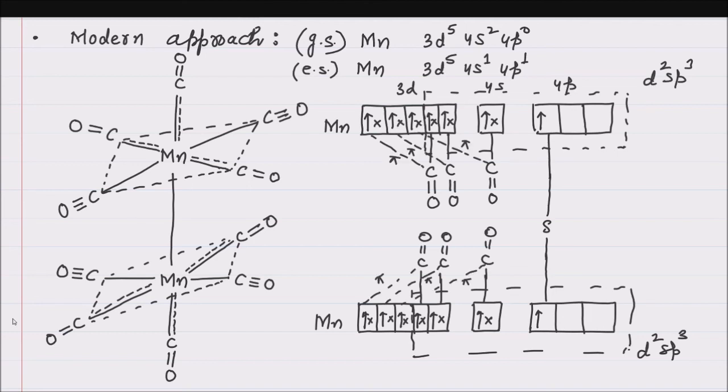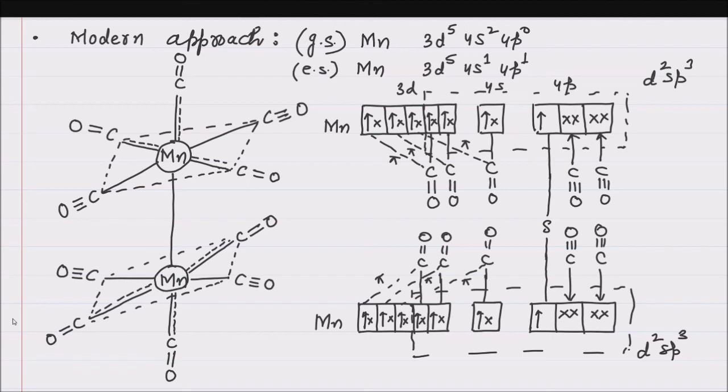Okay, and the remaining vacant d2sp3 hybrid orbitals on each manganese form a coordinate bond with the CO group. This is the modern approach to explain Mn2(CO)10. The rest is the same.